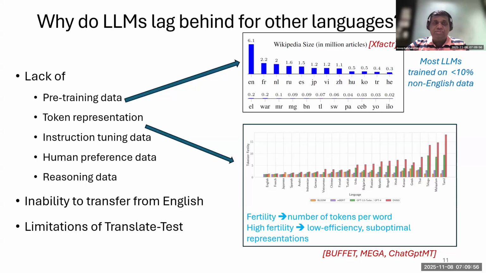So one is, of course, the lack of data, first pre-training data. The amount of text data in English is humongous. It far outstrips data in any other languages. So you can see the data size in Wikipedia. That itself is an illustration of the general representation on the web.